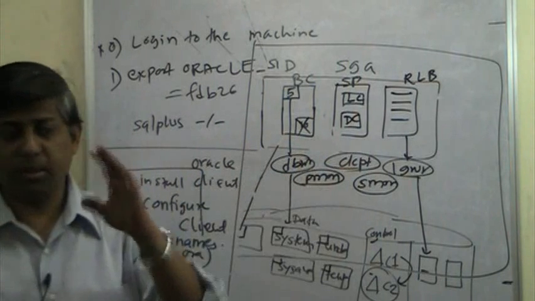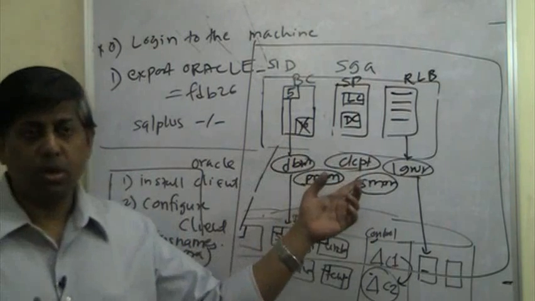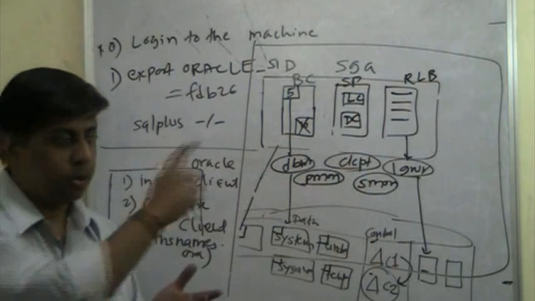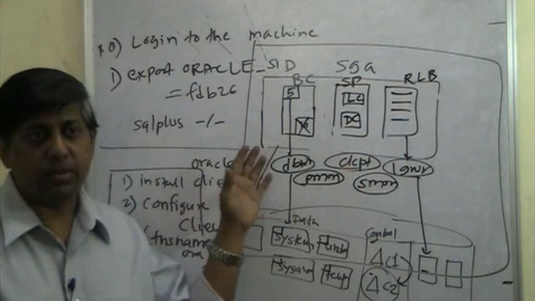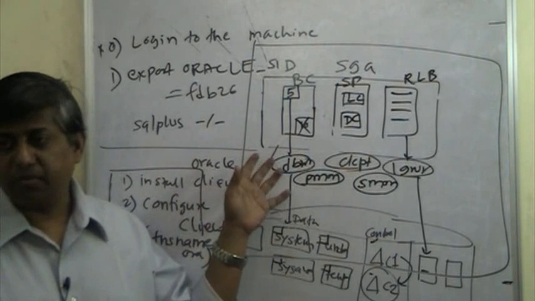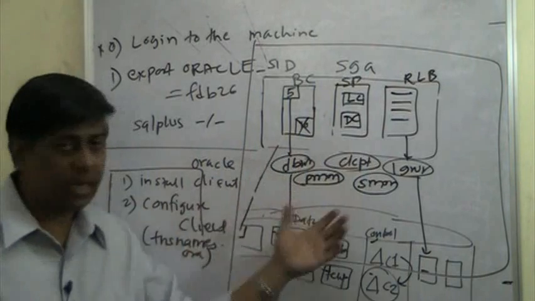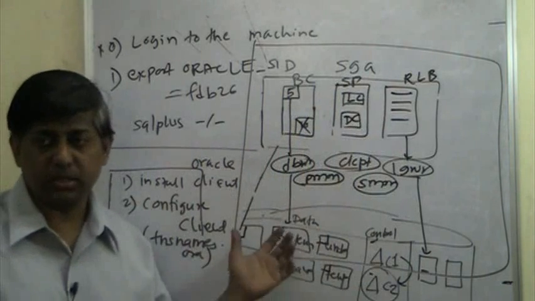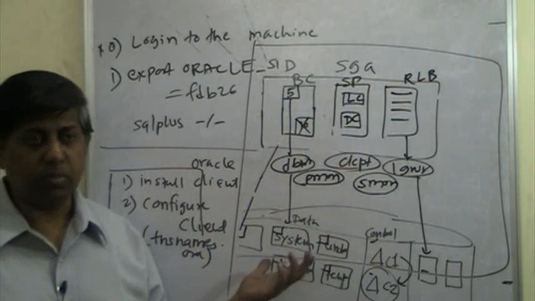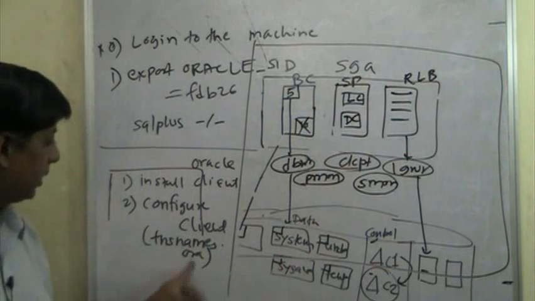Four things. Let me repeat. The IP address of the machine on which the database is running, the port number on which the listener is running on that machine, by default 1521, then the service name, which is basically the SID, that means FDB26 in this case, and the protocol, which is TCP. These four things are there in tnsnames.ora.